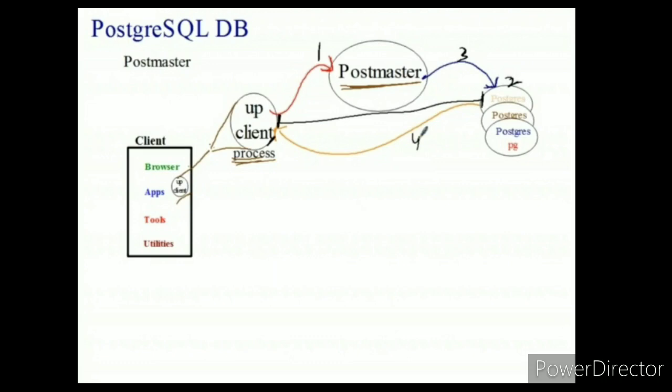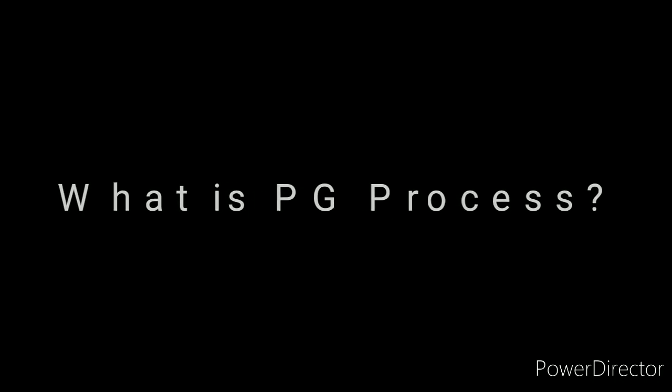Once authentication passes, it spawns a new process. This process is called the PG process. Once the connection is established, the client talks directly to the PG process, which takes care of the user request.